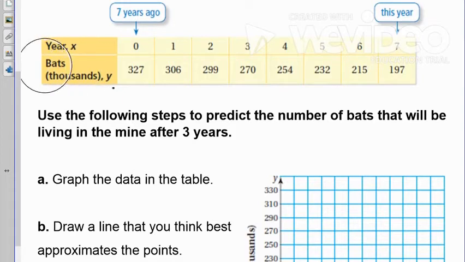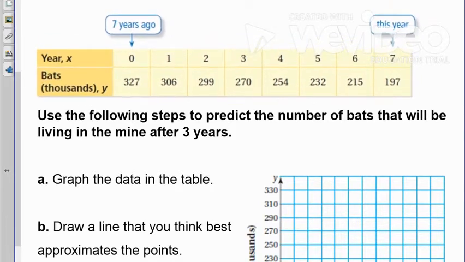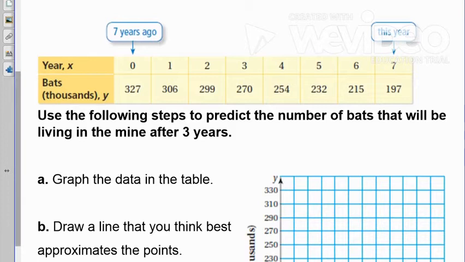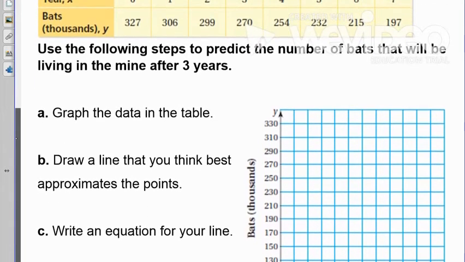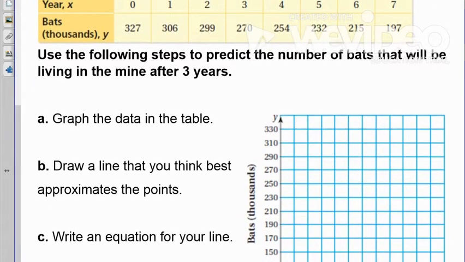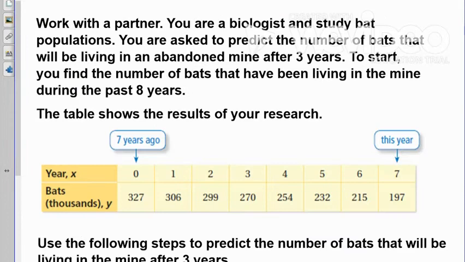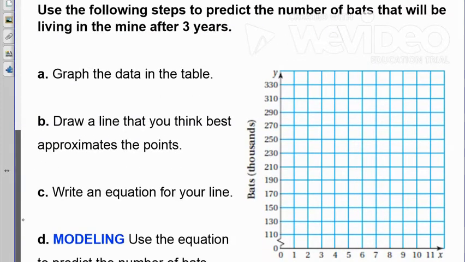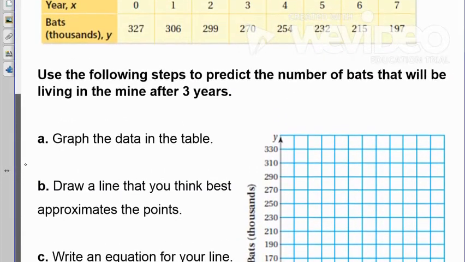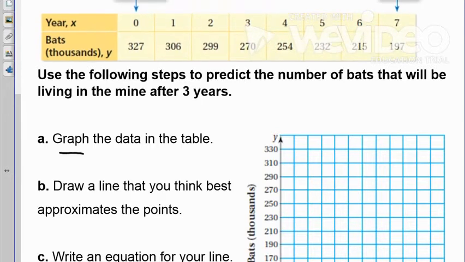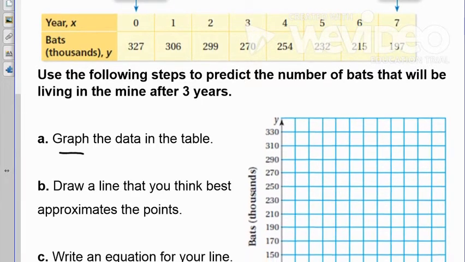Okay, so we're going to do the same thing we did yesterday in terms of graphing. I'm going to slide this table down here so that we can see the numbers when we graph. Move the graph up, maybe that would be helpful. Just to make sure that we're all remembering the stuff from the video yesterday, we're going to make a scatter plot with the data in our graph, and then we're going to pick a line that we think best approximates what the data shows us.